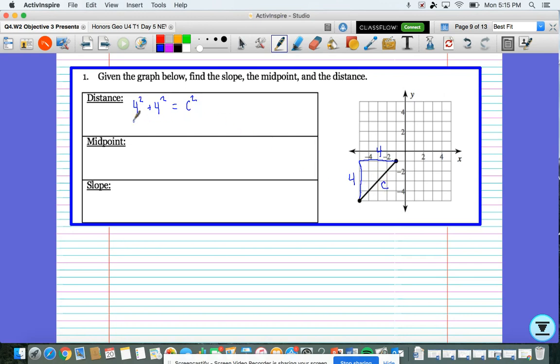So that's going to give me 16 plus 16 equals C squared. What is that? 32 is C squared. So C is going to be the square root of 32, or approximately 5.657 I'll go with.